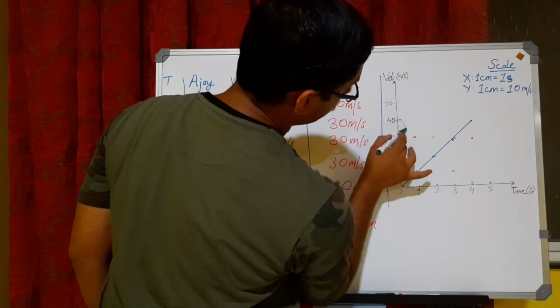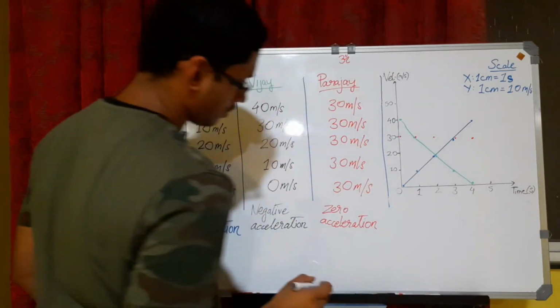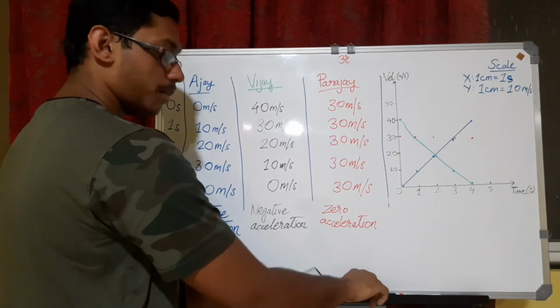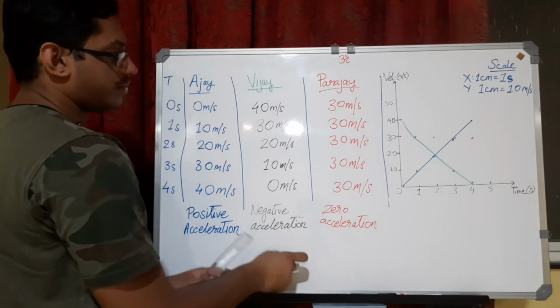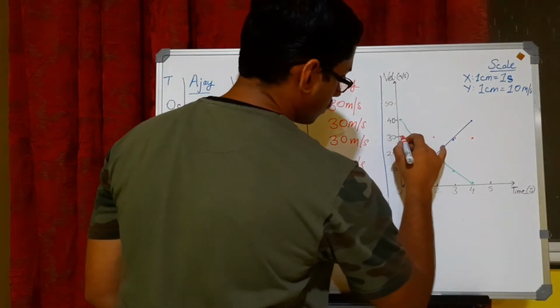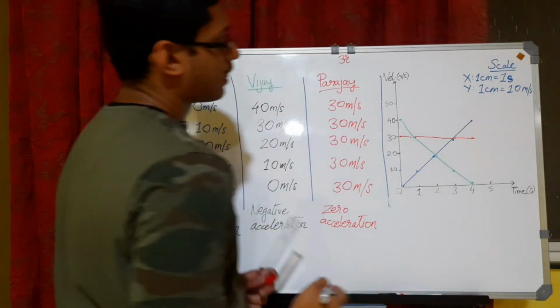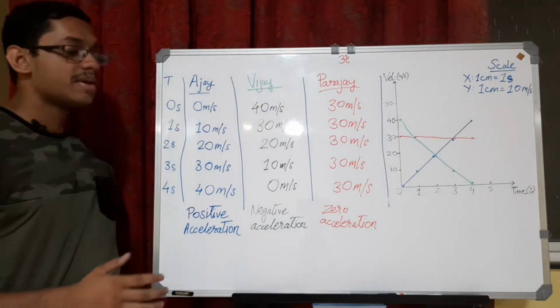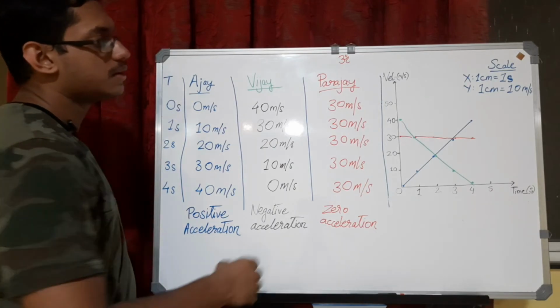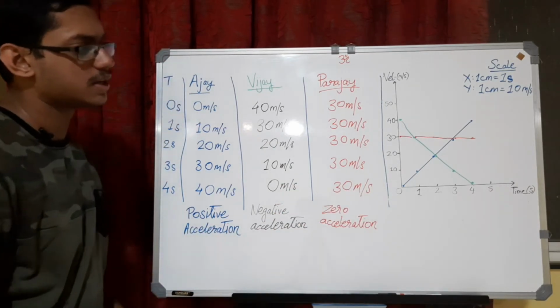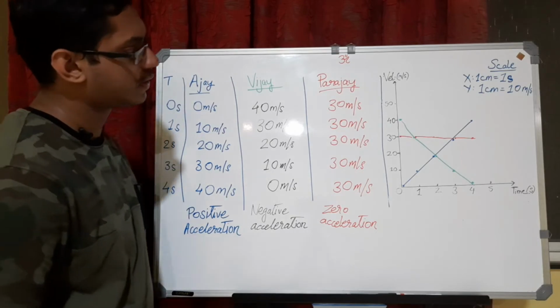It will be a straight line for Parajay also. Next time I will explain to you what will happen if the line is crooked. Okay, but it will be in the next video.